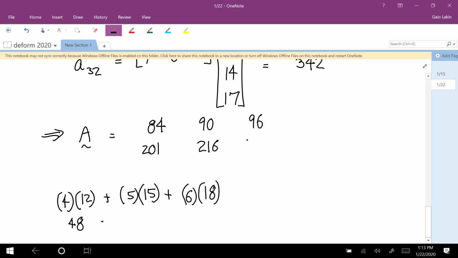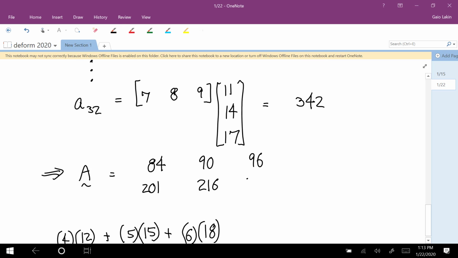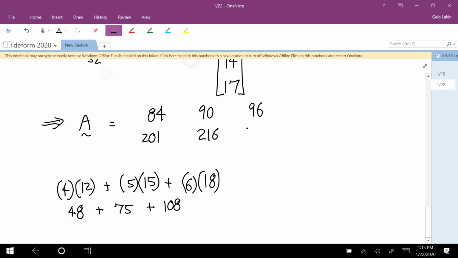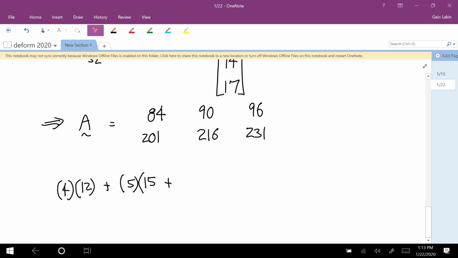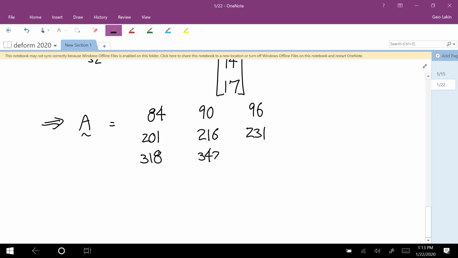So that's 48 plus 75 plus 108. 231. And then the last one is 318, 342, 366.